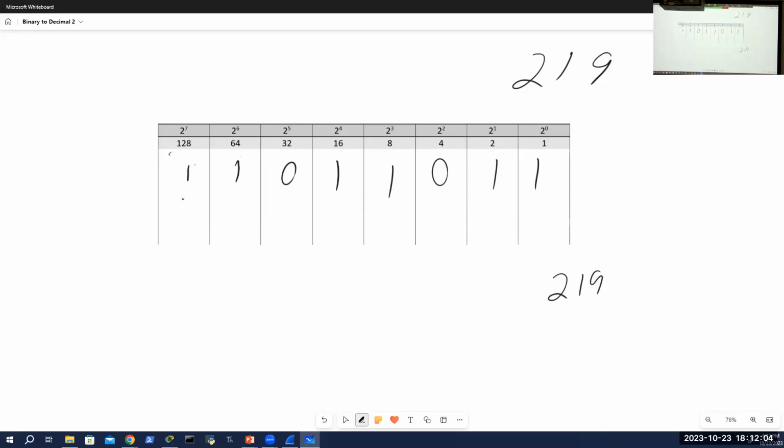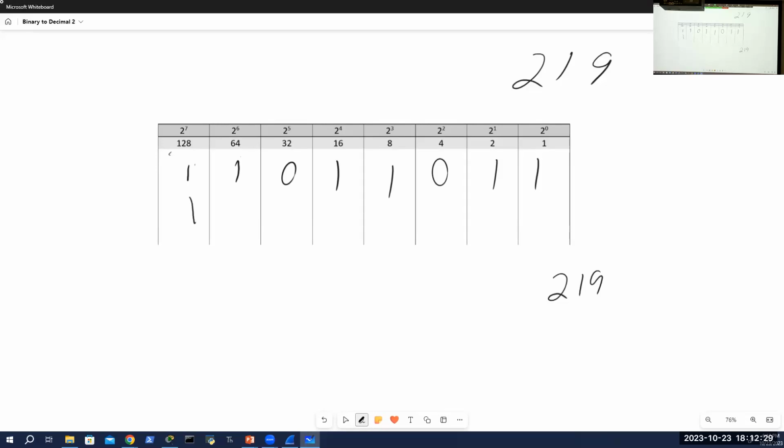At least the way I do it, I go over to this first column and ask, is the place value 128 less than or equal to my number? If the answer is yes, then it gets a 1.